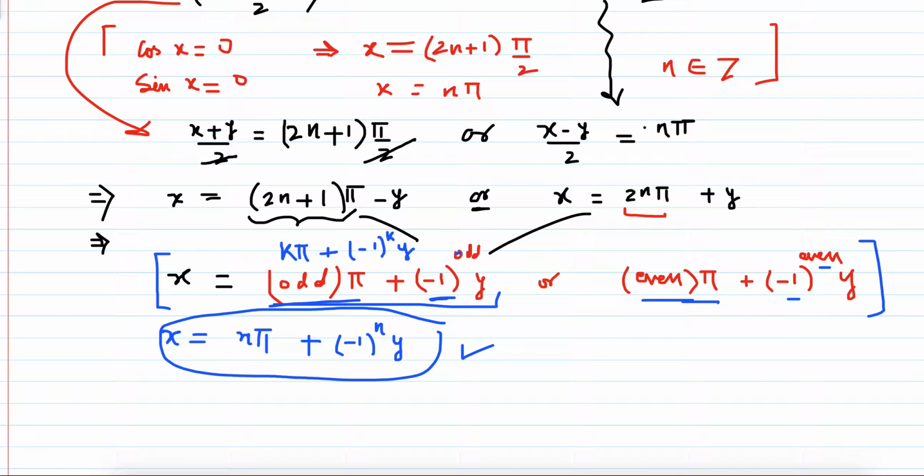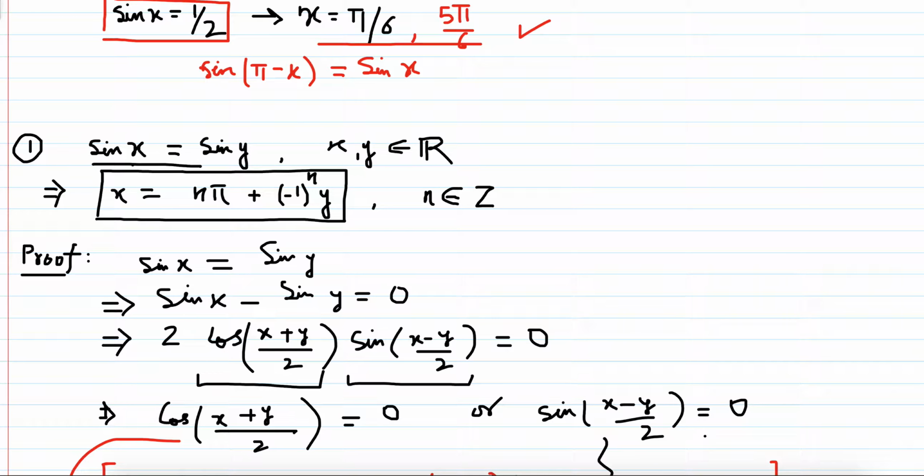So why is this true? n can be either odd or even. If n belongs to integers, then n can be either odd or even. If n is odd, this value will become odd times pi plus minus 1 to the power odd times y, and if n is even, then we will get the other.